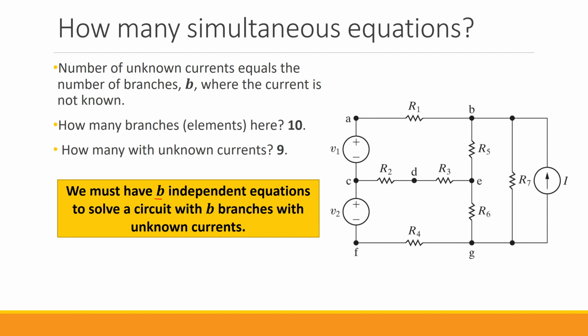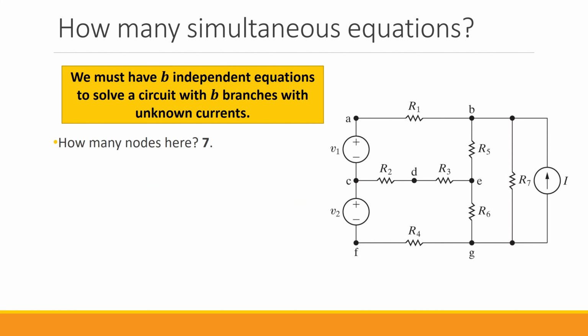So the value for B is 9. We need 9 simultaneous equations to be able to solve this circuit, based on the first assumption that we have, which is finding all the unknown currents for all the branches in the circuit.